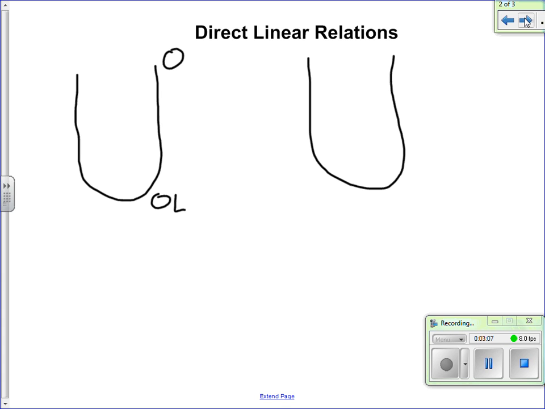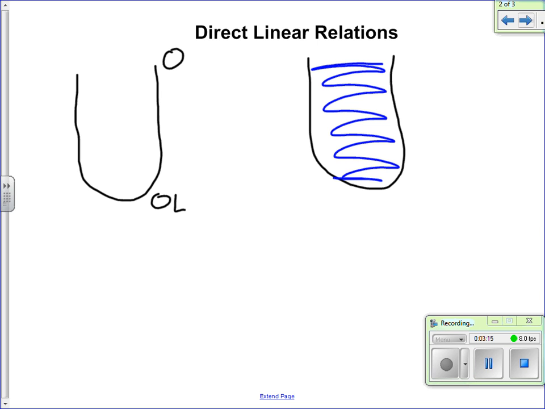Then I'm going to let the water start to flow into it, and I'm going to time it until I get to the top. Now I know the top is 340 liters, and I know that after I time it, it takes 16 minutes and 30 seconds in order to do that.